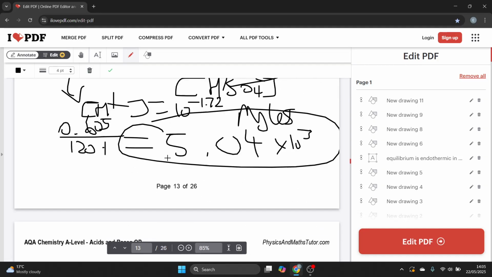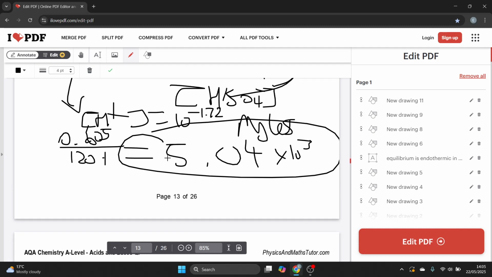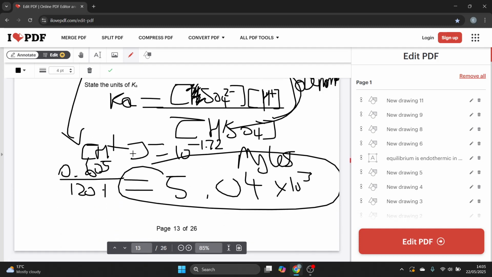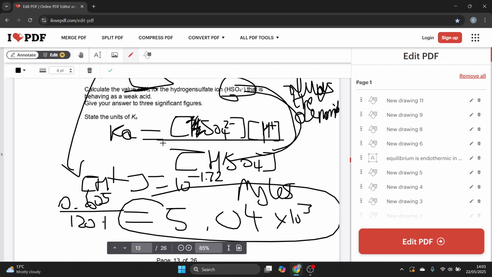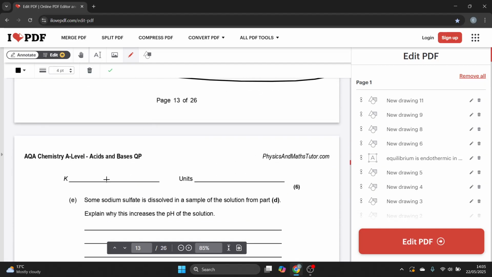And then Ka therefore is going to be concentration H plus squared over that, which gives me 1.17 times 10 to the power minus 2.